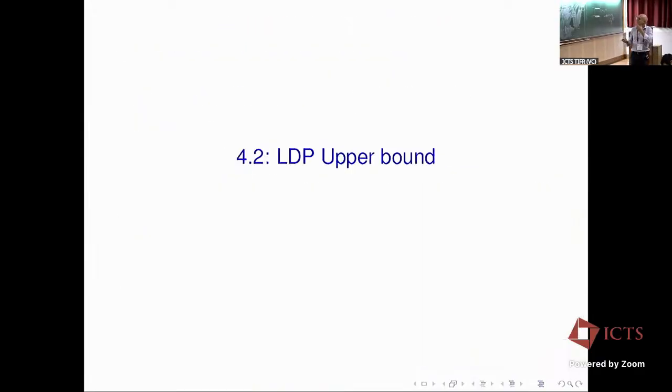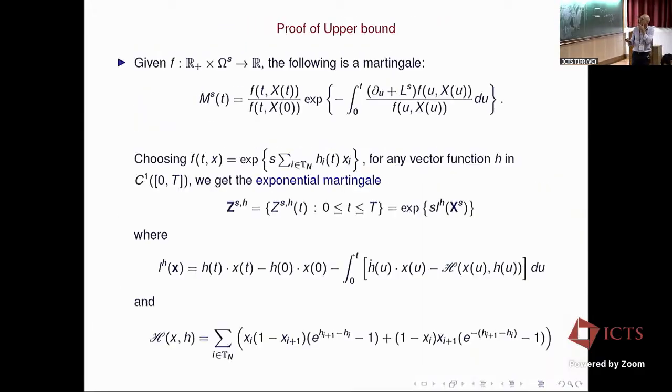Okay, so for the upper bound, you have the exponential martingale. I'll stop in 1 minute. And in particular, if you plug in this function f, you get the exponential martingale precisely with the rate function that I mentioned, and with the Hamiltonian that we want.